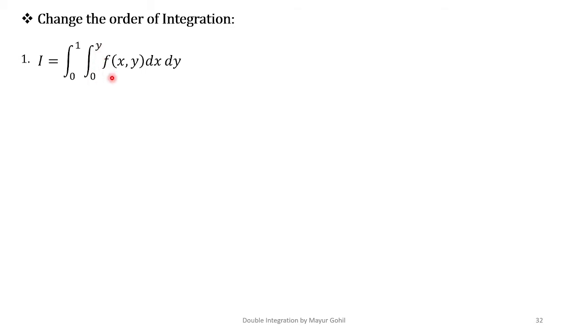Let me write it in a simplified way for understanding. The constant limits are y equals 0 up to y equals 1. Then the variable limits are x equals 0 up to x equals y. Now observe the limits.